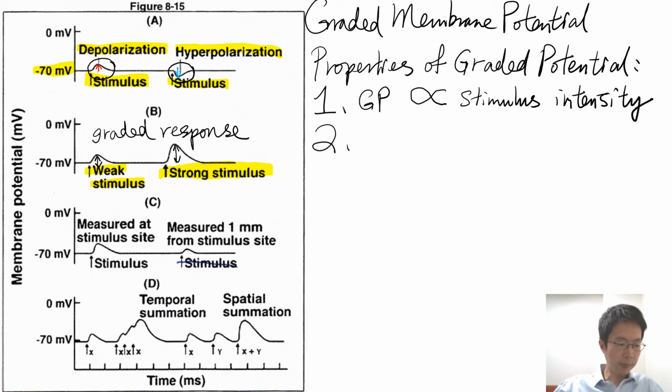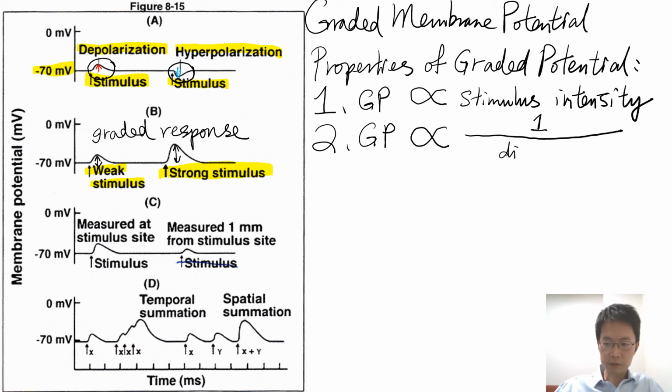Number 2, graded potential is again this symbol, but here it is 1 over distance. For property number 1, we call it directly proportional.